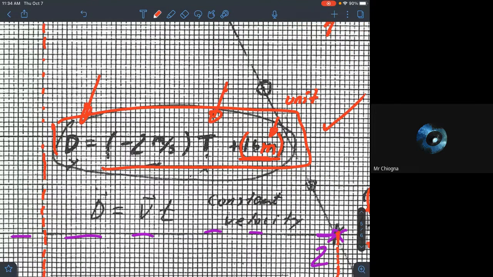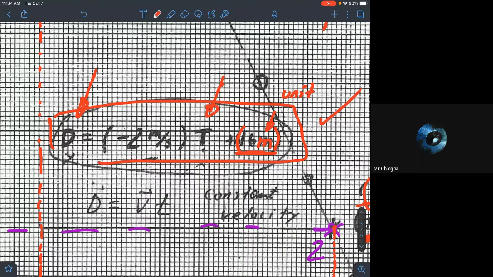Okay, now just as a side note, this equation that we derive from the graph is what we're going to use over and over in this course. You want to write this down. It's the equation for constant speed or velocity. Velocity, I mentioned earlier, is just another word for speed with a direction.